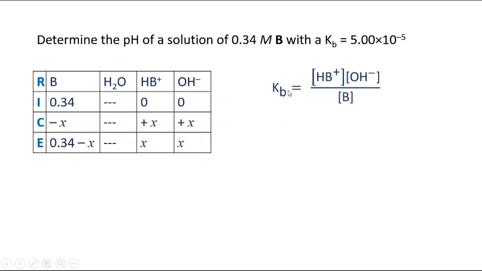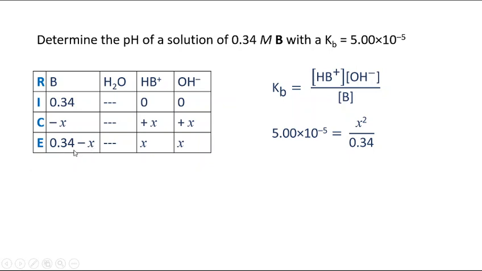Using our equation for Kb, we now have a form for the concentrations of our OH minus, our HB plus, and our B, so we can plug those in. One thing I have to point out, as I mentioned with the acids: this is a weak base, so this minus x is going to be very, very tiny compared to this 0.34.